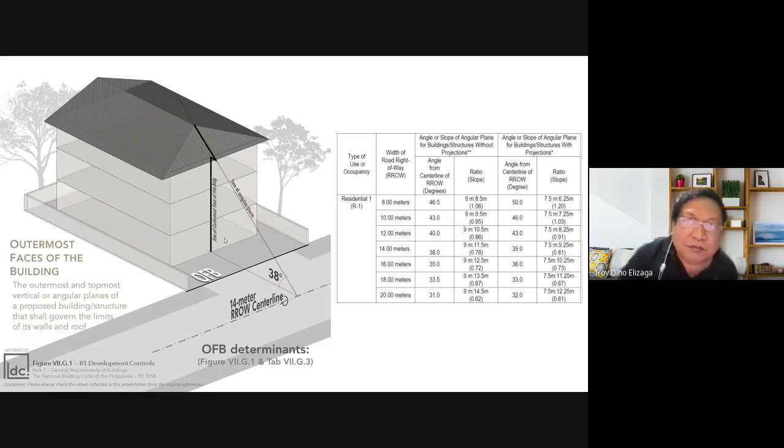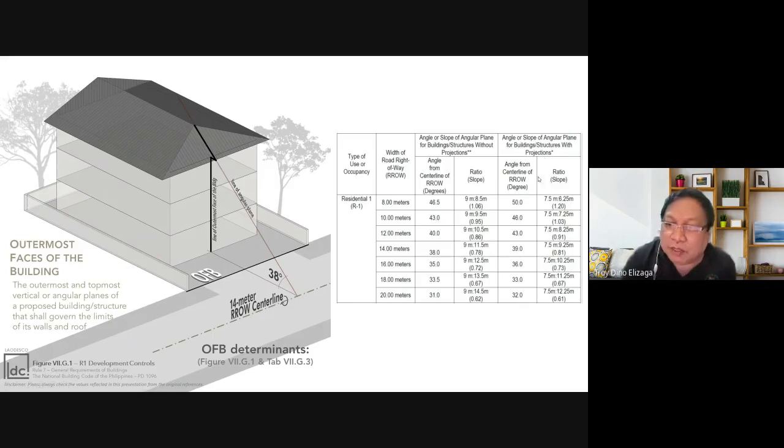Now, in some areas, in some developments, especially commercial developments and condominiums, the height is restricted also by the angle or slope of angular plane for building structures, with or without projections.